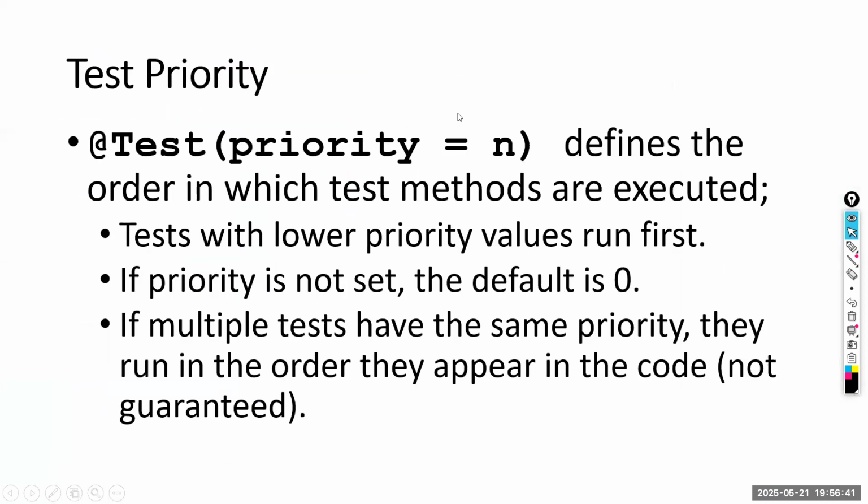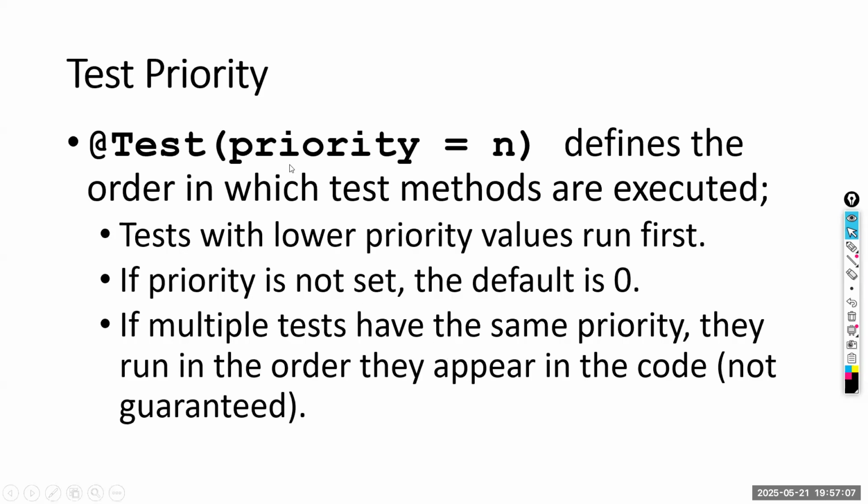Right, so then you can have the test priority. Remember, usually your tests will be run from top to bottom of your class. Okay, but if you don't want to rely on top to bottom, you want to specify, okay, this test must be run first, then the other test, and so on. It's not dependency, it's a different concept, priority. Okay.